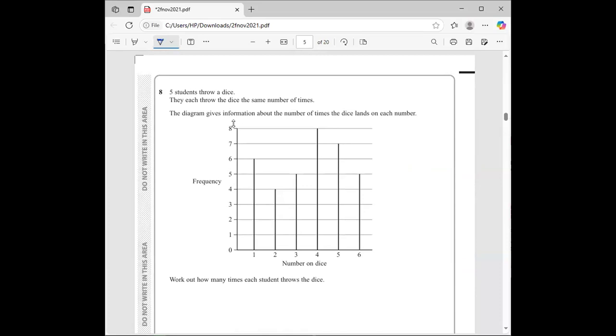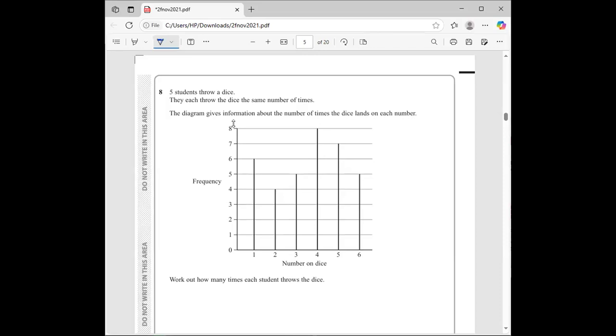This looks like a graph for probability, but let's see what it says. It says 5 students throw a dice. They each throw the dice the same number of times. And it now says the diagram gives information about the number of times the dice lands on each number, okay?